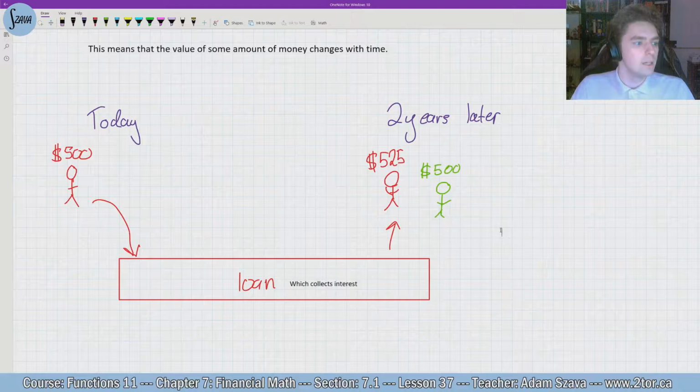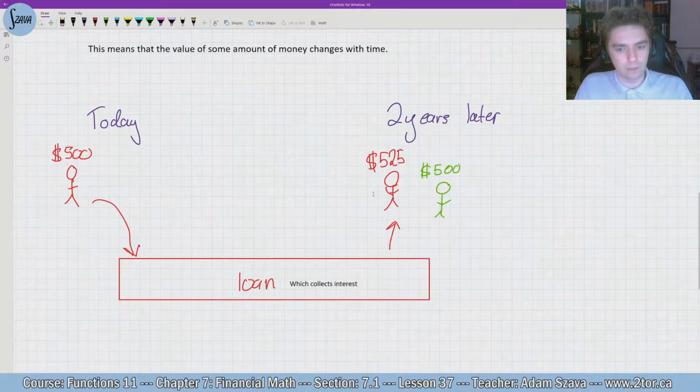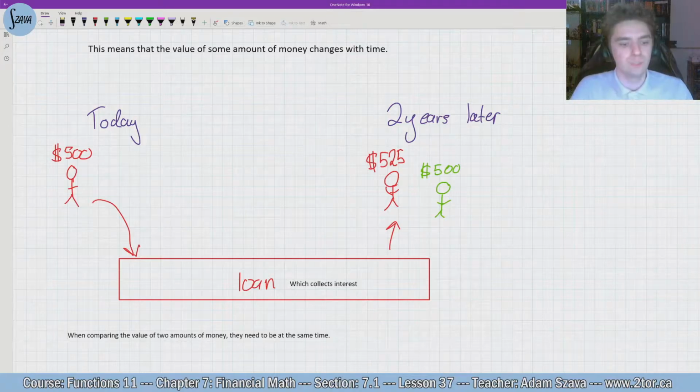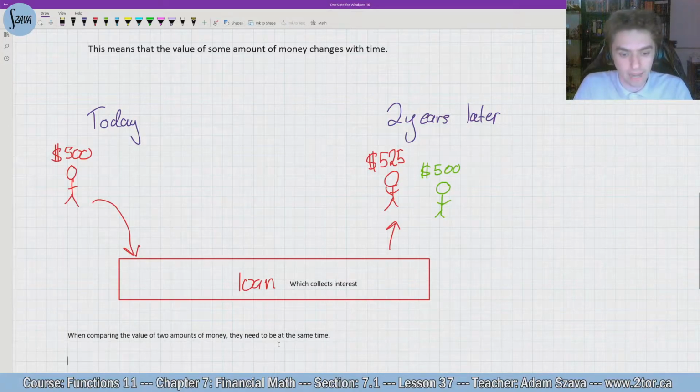Okay. So that is essentially the main idea about why we're interested in doing these calculations: we want to compare how much money different projects are worth, or how much money different people have. The important thing is that when comparing the value of two amounts of money, they need to be compared at the same time.